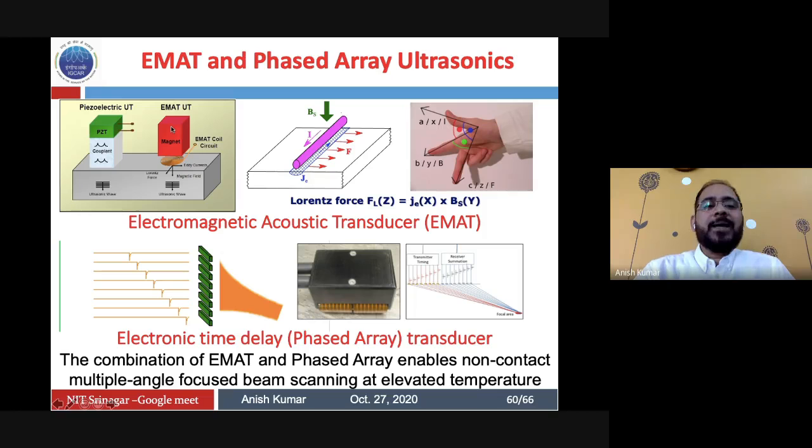You have a magnet, and you have eddy current generated inside the material, and when you have eddy current generated inside the material and the magnetic field is also there, it generates a force on the material. That force acts on the electrons or the atoms, and that gives some amount of vibration inside the sample.